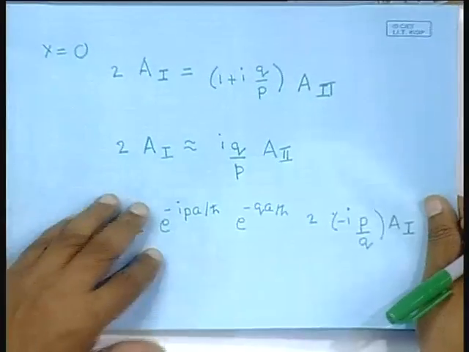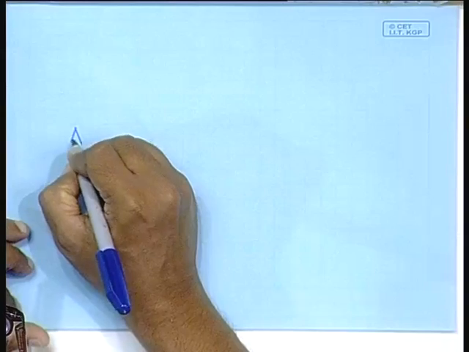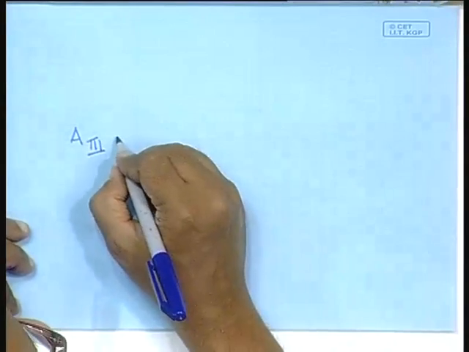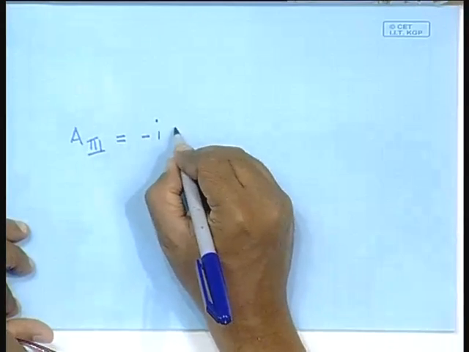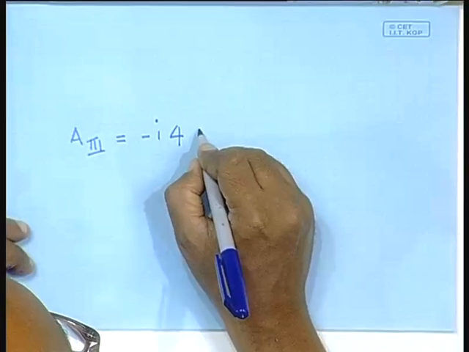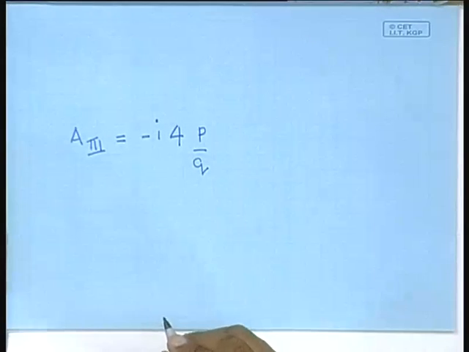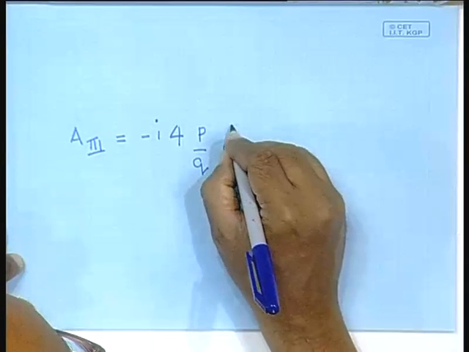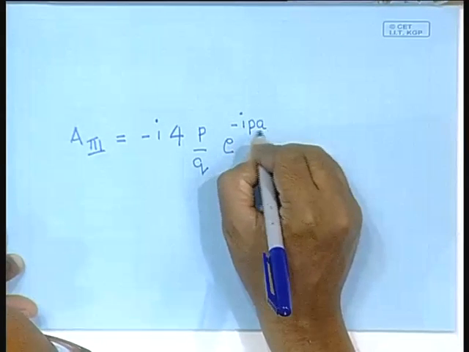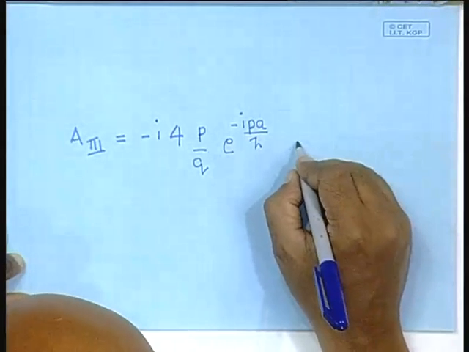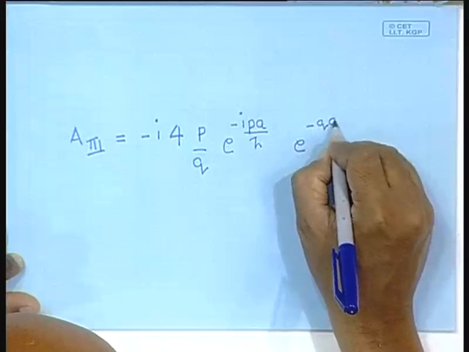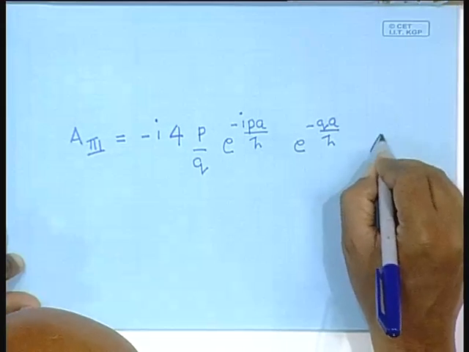So, finally, we obtain a relation between A3 and A1. The final relation that we get is A3 is equal to minus i 4 p by q e to the power minus i p a by h cross, e to the power minus q a by h cross into A1.